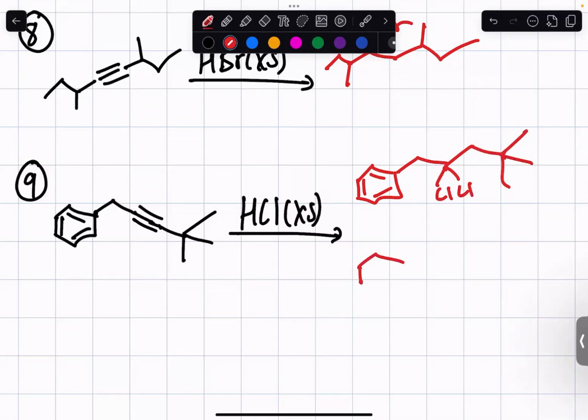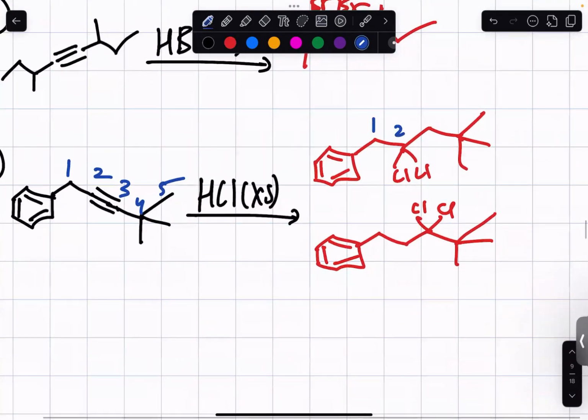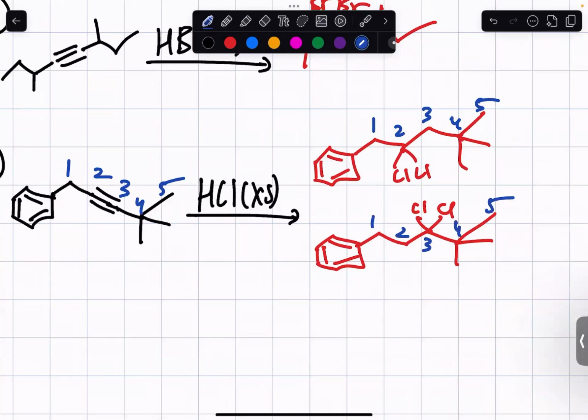One there. And another one here. And this is where numbering could be useful to keep track of your carbons. 1, 2, 3, 4, 5. Where the alkyne was between 2 and 3. So our 2 chlorines could have been on carbon 2 or carbon 3, like that.